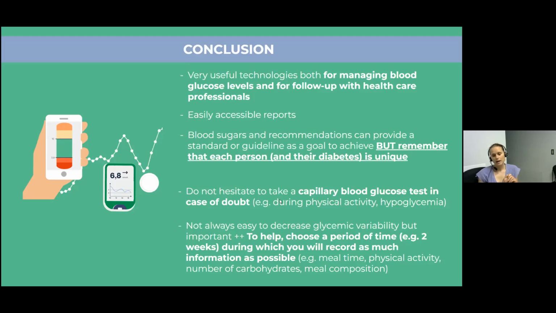Finally, as you can see with those 3 steps that we looked at on how to analyze the ADP report, I'd say the glycemic variability is really the hardest, most difficult thing to tackle. But the way that you can be prepared and help minimize that glycemic variability is to choose maybe a week or 2-week period where you're going to try to put in as much data as you can in your CGM. Most CGMs, you can write down when you eat.